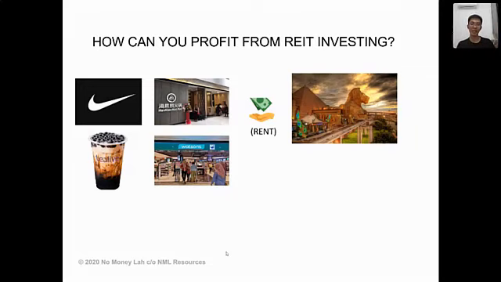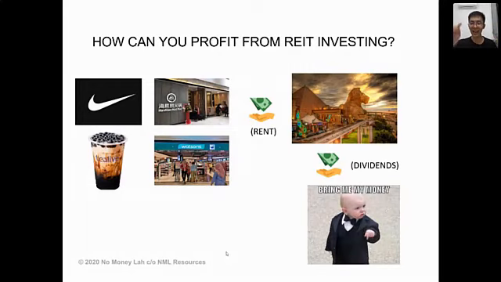So in order to stay in the property, tenants like Nike, like Tealive, are going to pay rent to Sunway REIT. After Sunway REIT collects their rental, they're going to pay dividends to who? Us, right? We are the investors.